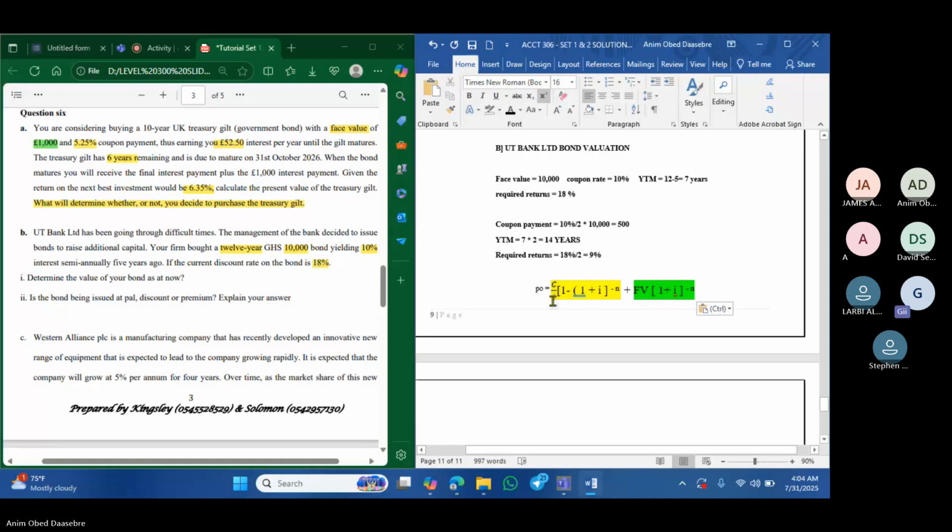Yeah, hi. My question is, it said your firm bought a 12-year $10,000 bond yielding 10% interest semi-annually 5 years ago. If the current discount rate on the bond is 18%, here they are saying 5 years ago. So are we still finding present value?